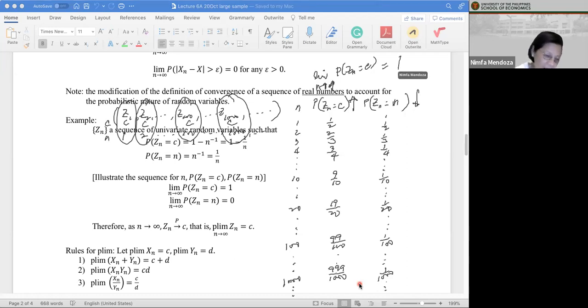Okay, how about this? What is the limit of the probability that C sub N is equal to N as N approaches infinity? You can see that the limit would be 0.